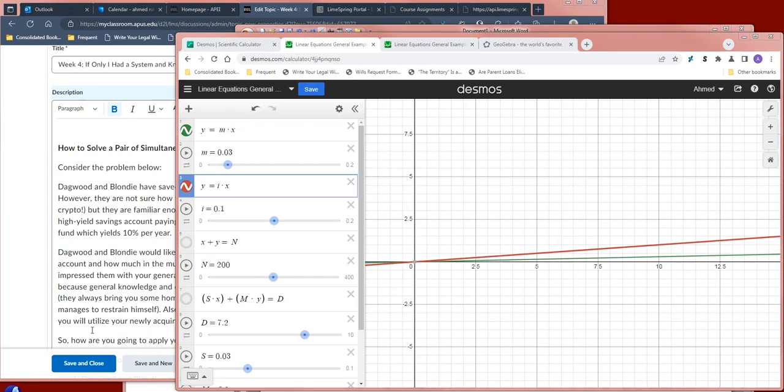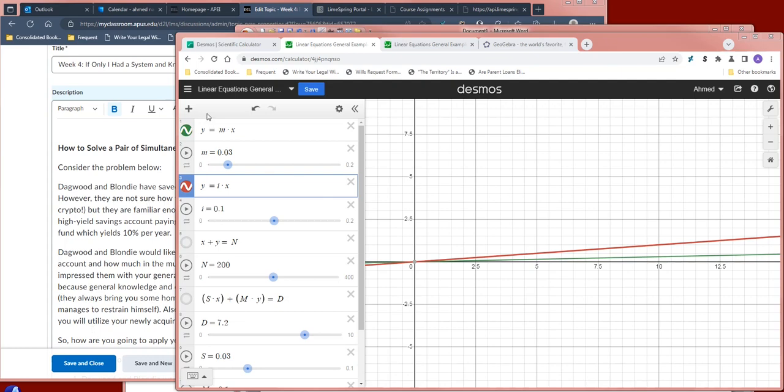Okay, so recall that we have to earn $7,000 in interest or more from both of those investments together, right? So it can be $3,000 from one investment, $4,000 from the other, or something like that.